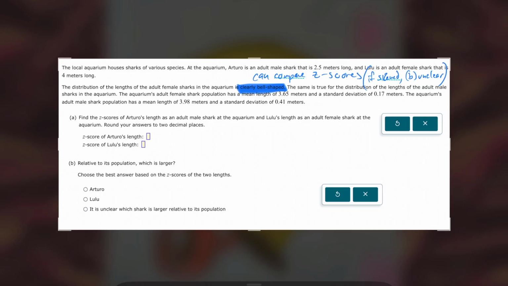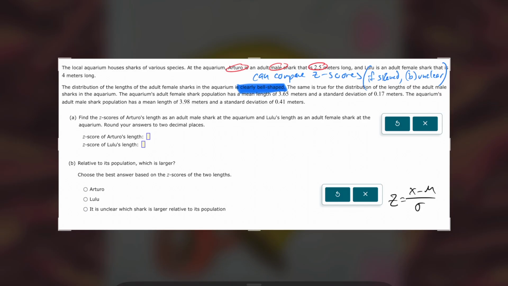All right, so now for Arturo's, we're doing the sharks. Arturo is 2.5, and Arturo is a male, so we want the male numbers. So for the formula, I should have put this on the test worksheet, but I didn't. It is x minus the mean divided by the standard deviation, the data value minus the mean divided by the standard deviation.